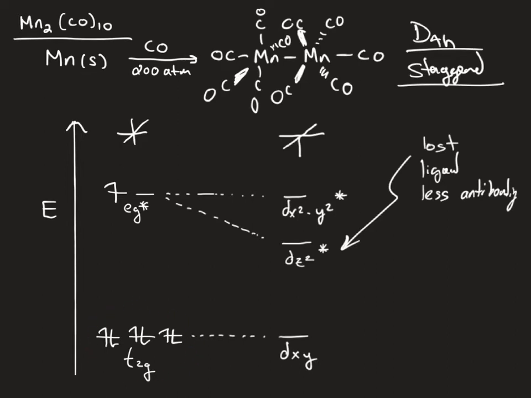So the loss of that axial CO is going to cause an increase in the energy of the dxz and the dyz. So these are now less bonding in nature.